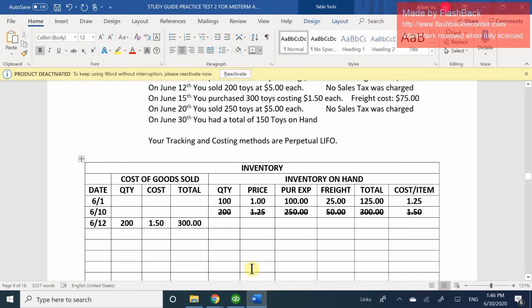What happened on the 15th of June? You purchased 300 more toys at $1.50 each. For purchase price total $450, and freight was $75, and the total was $525. Cost per item is 1.75. Good.